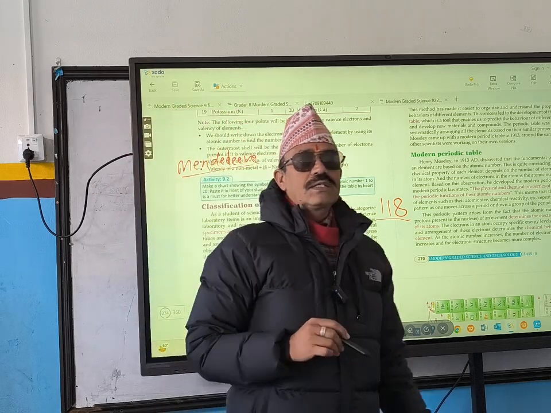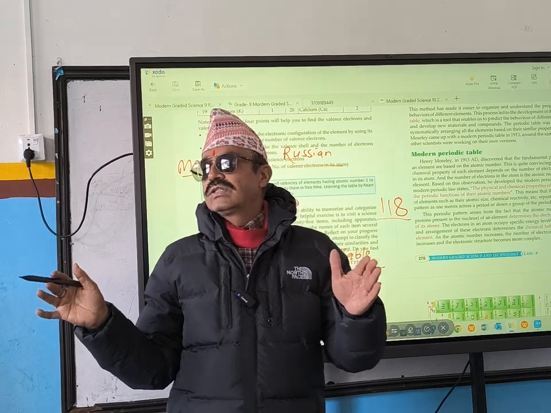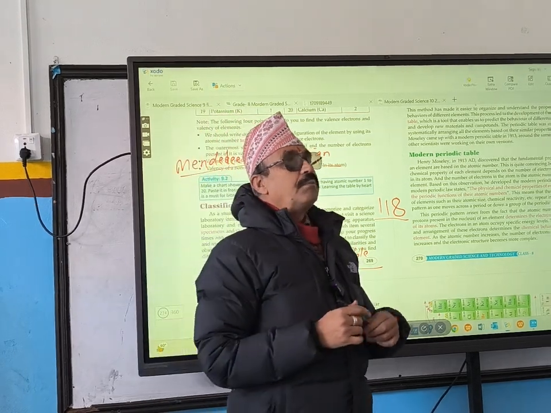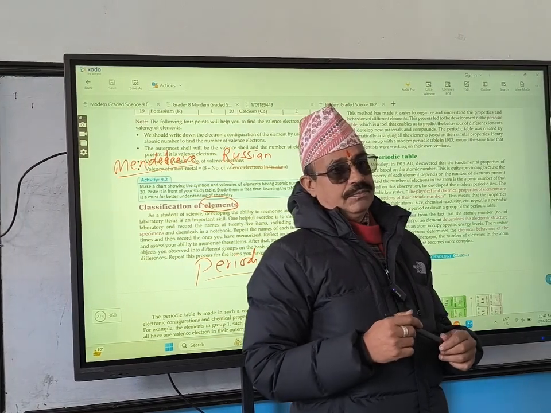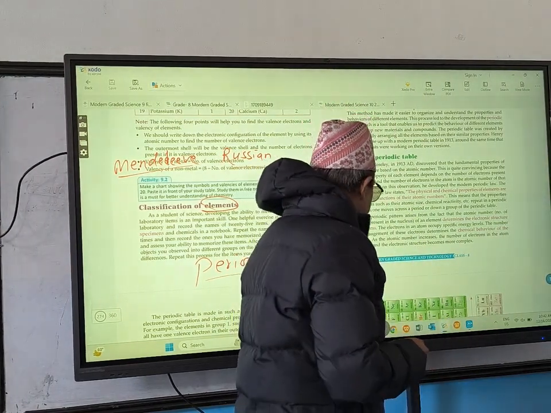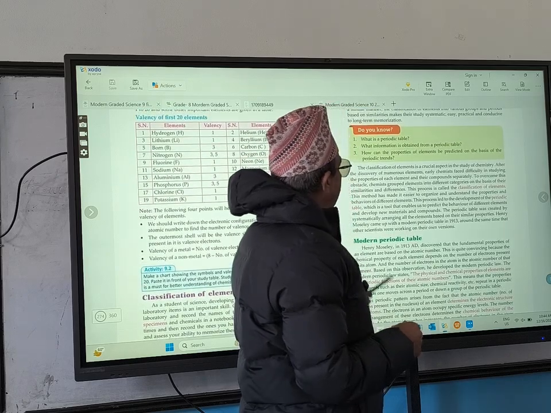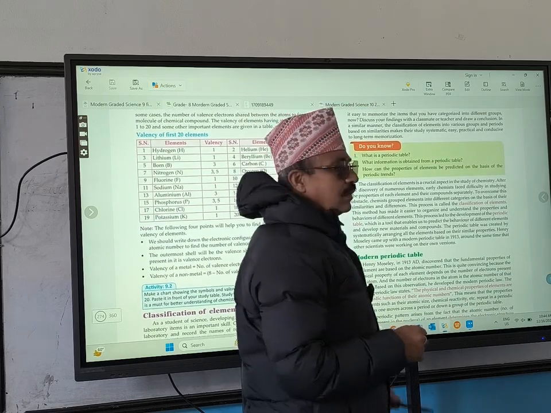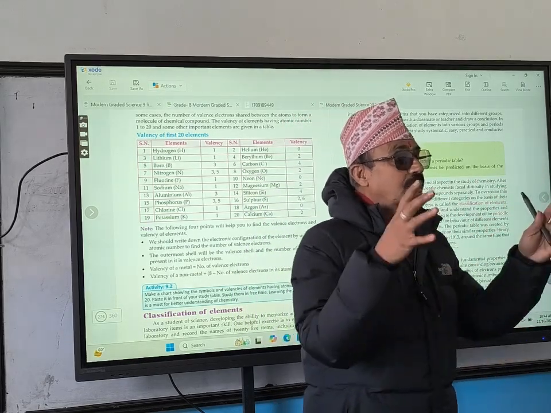One Russian scientist made one chart and kept the elements systematically. And Mendeleev is called the father of the periodic table. What is he called? Father of the periodic table. So, why is he called the father of the periodic table? Because he gave the idea of how to classify the elements, how to keep the elements inside.